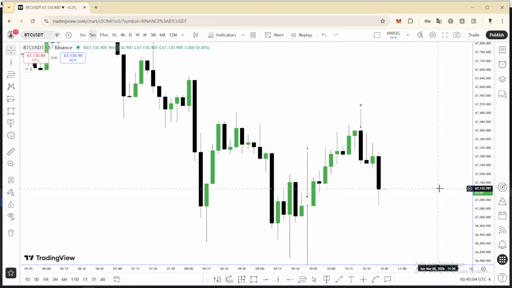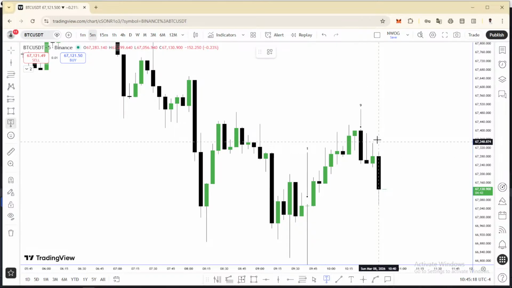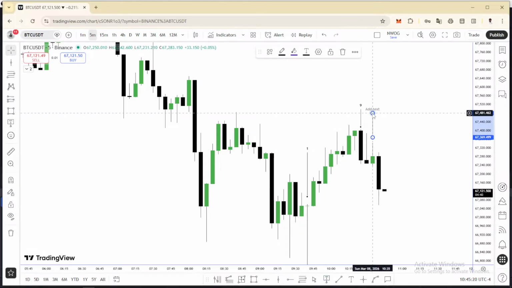So when you take 9 right now and multiply it by 1.28, what do you get? 11.5. 9, 10, 11. What is this indicative of? What is it trying to tell you? That we've shifted direction.